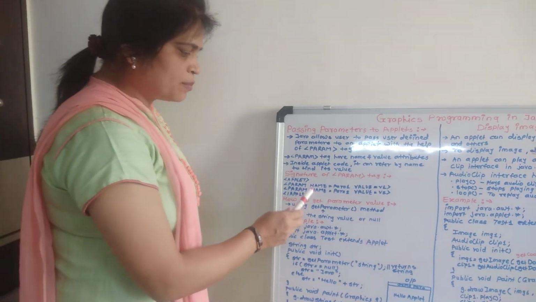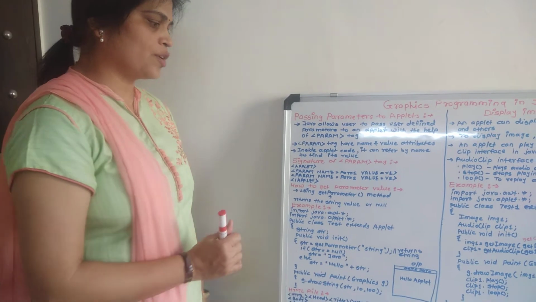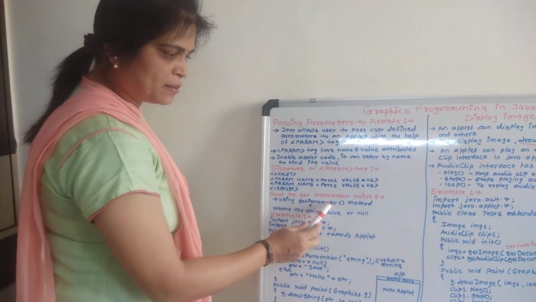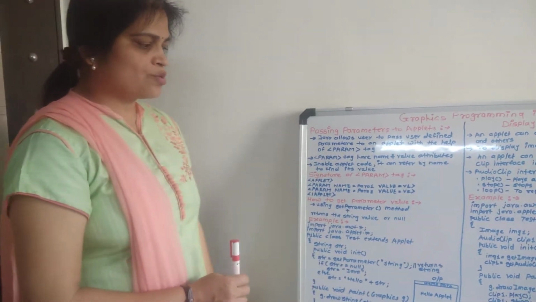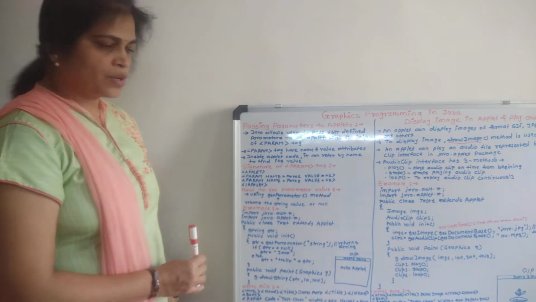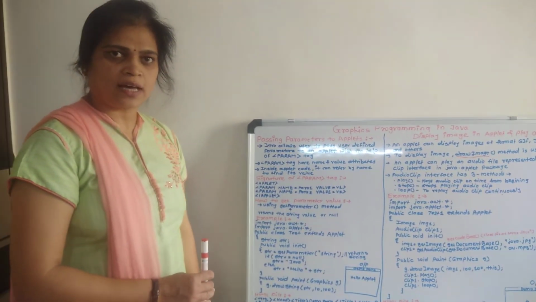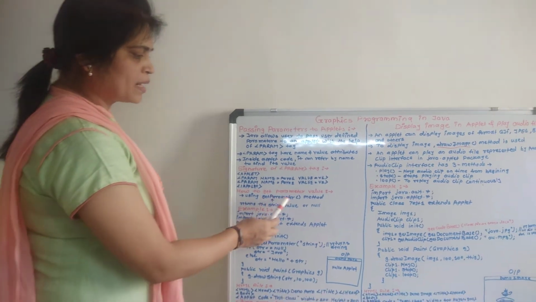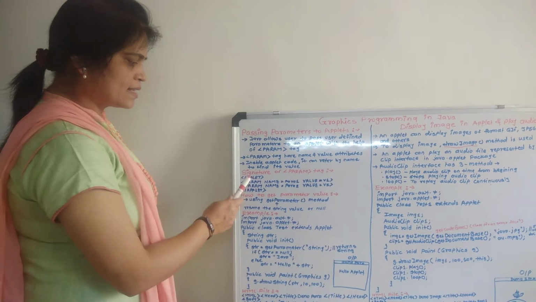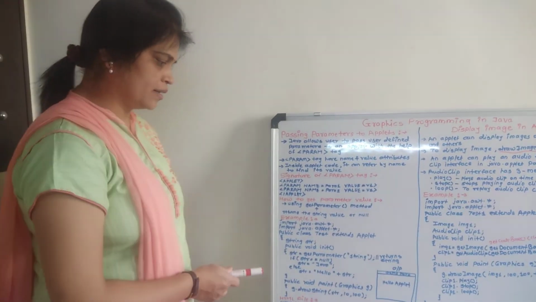Now, by using the param tag, how can we get the parameter value? For getting the parameter value, there is one method called the getParameter method. By using this getParameter method, we can read whatever parameters we have passed in the applet tag. You use the getParameter method in the applet code, whereas the param tag you use in an HTML file.